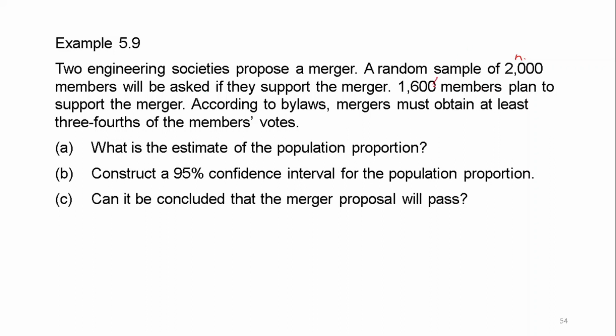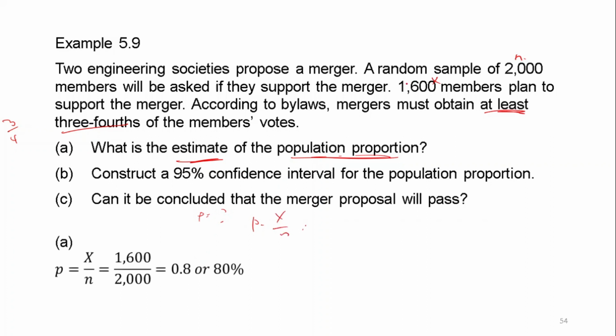So this is our X. According to the bylaw, the merger must obtain at least 3/4 of the members' votes. What is the estimate of the population proportion? So you need to find the value of P. Your P is X divided by N, so 1,600 divided by 2,000. You get the value 0.8 or 80%.